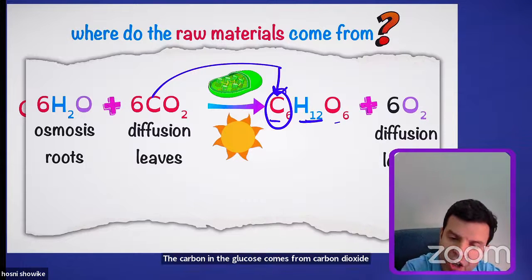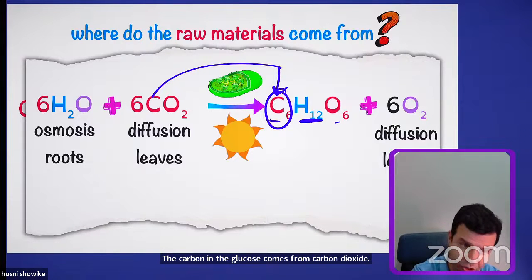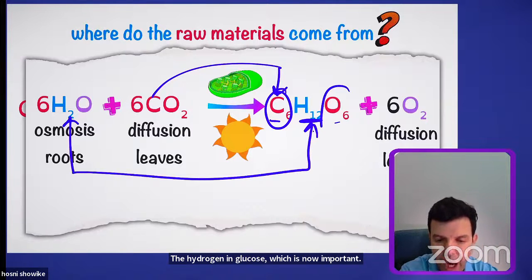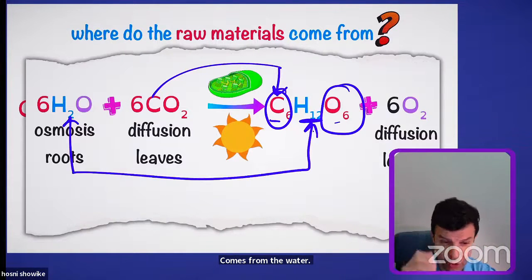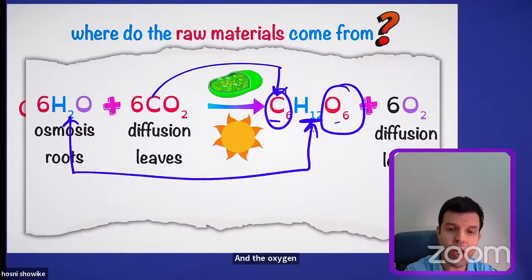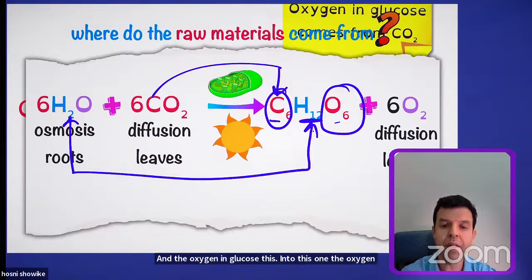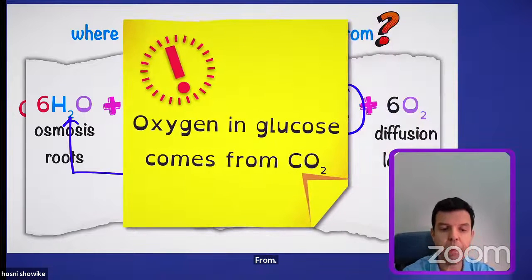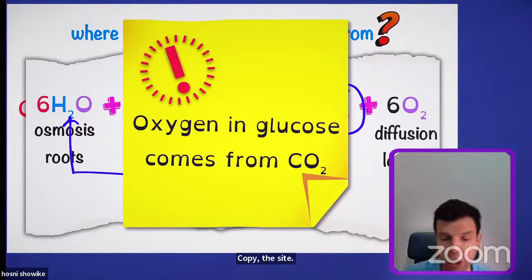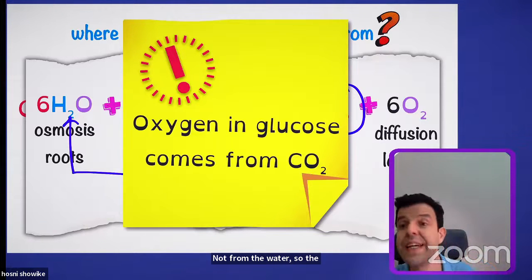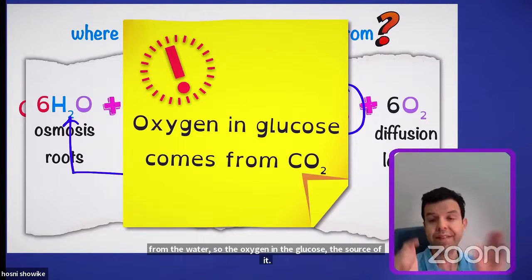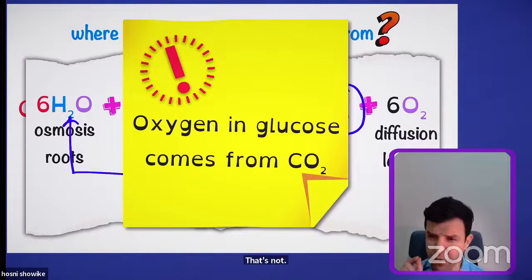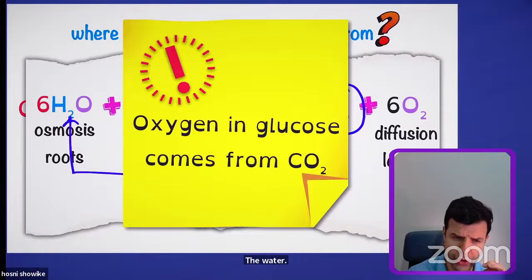The hydrogen in glucose, which is now important, comes from the water. And the oxygen in glucose, listen to this one, comes from the carbon dioxide, not from the water. So the source of the oxygen in the glucose is CO2. That's not the water. This comes very often in multiple choice.